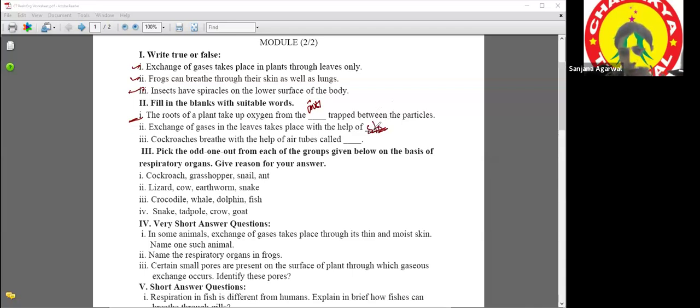Good. Third. Cockroaches breathe with the help of air tubes called dash. Good. Charvik, Advika, and Rishit. Good. Rishit. Okay. Siddhant.